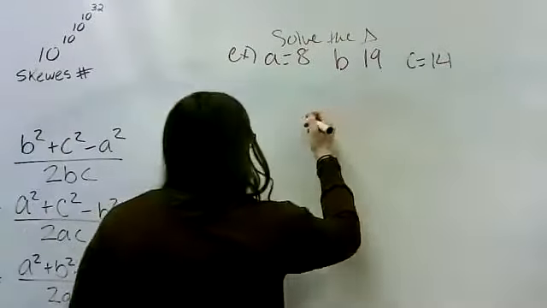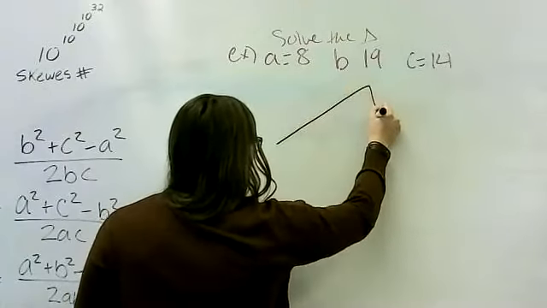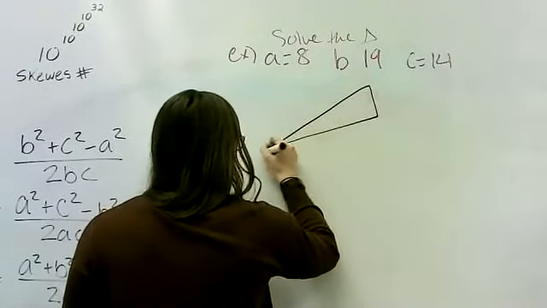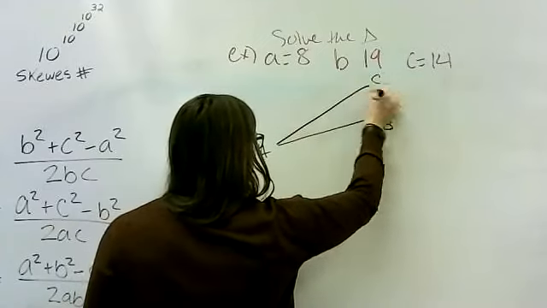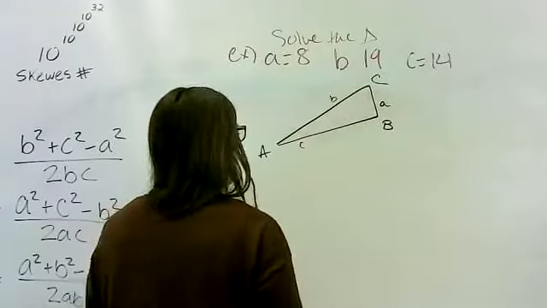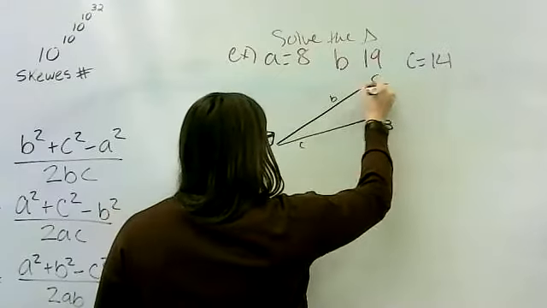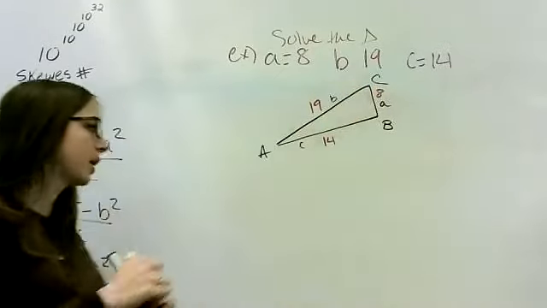So I'm going to try to draw this triangle out to the best of my ability. Okay, this is A, B, C, little a, little b, little c. Then we label our actual values. A is 8, B is 19, C is 14.